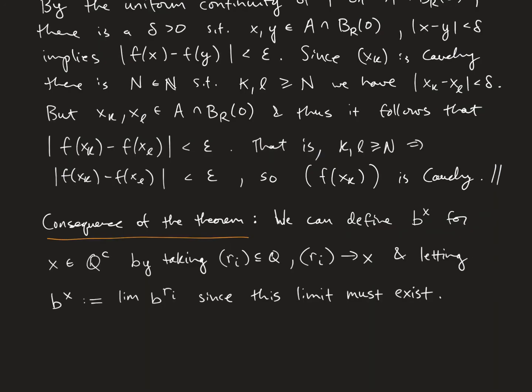So an immediate consequence of this theorem is that we can define our exponential function for irrational numbers now by taking a sequence of rational numbers which converges to that irrational, and then setting b to the x to be the limit of the b to the ri sequence, because this is a Cauchy sequence, and we have the uniform continuity of Q on those bounded subsets, right?